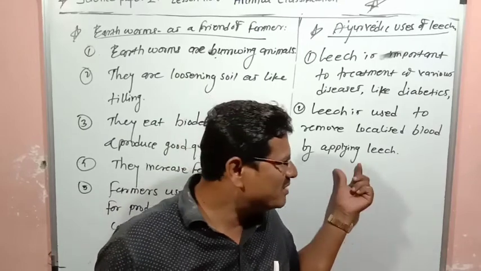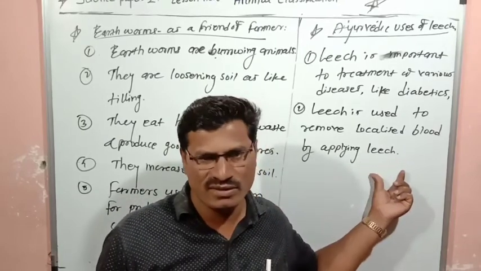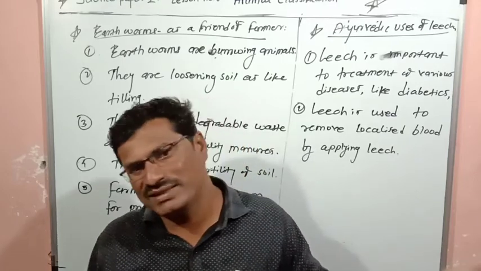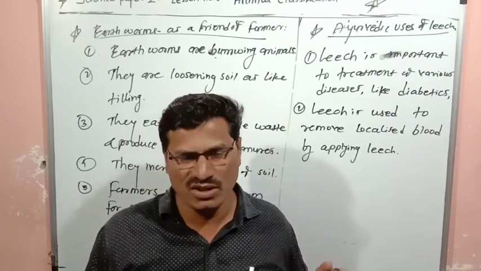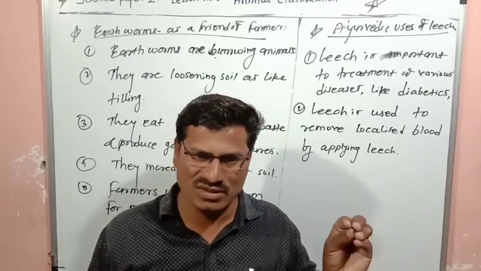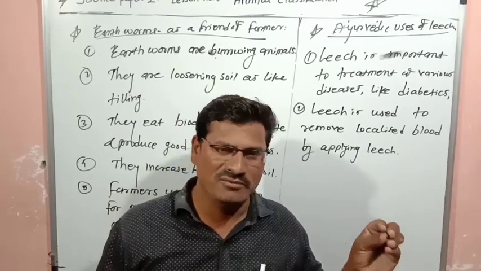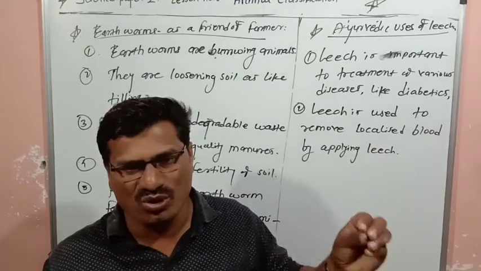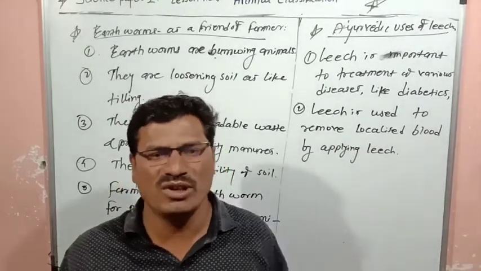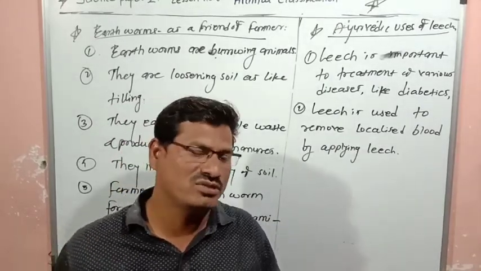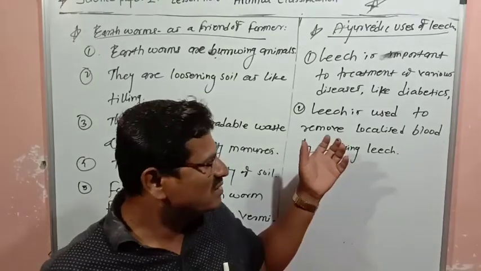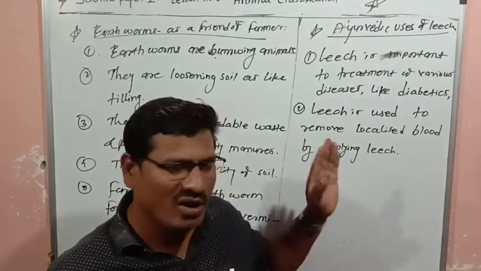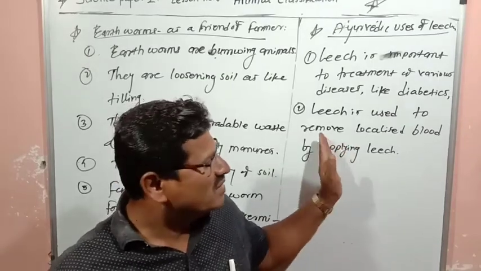If you fix leech on that part, the leech will suck that localized blood, which is collected at one place. That blood will be sucked out by the leech, and because of that, what will happen?